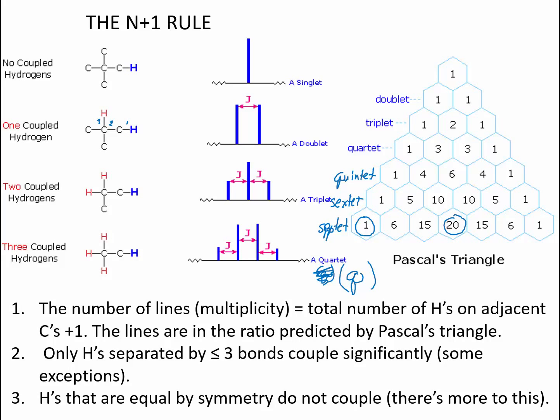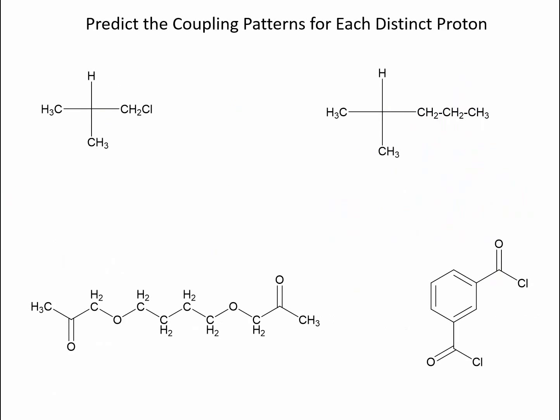So these are the typical 3-bond coupling. 3-bond coupling is often referred to as vicinal coupling.